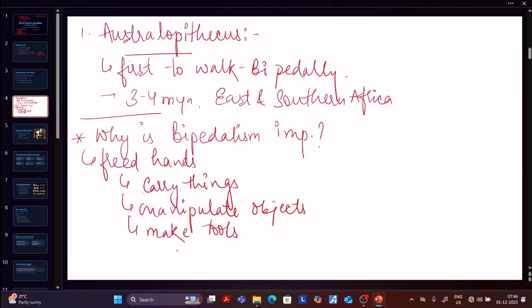Bipedalism also gave a better vantage point for surveying the savanna. It was an adaptive advantage to the changing African environment.